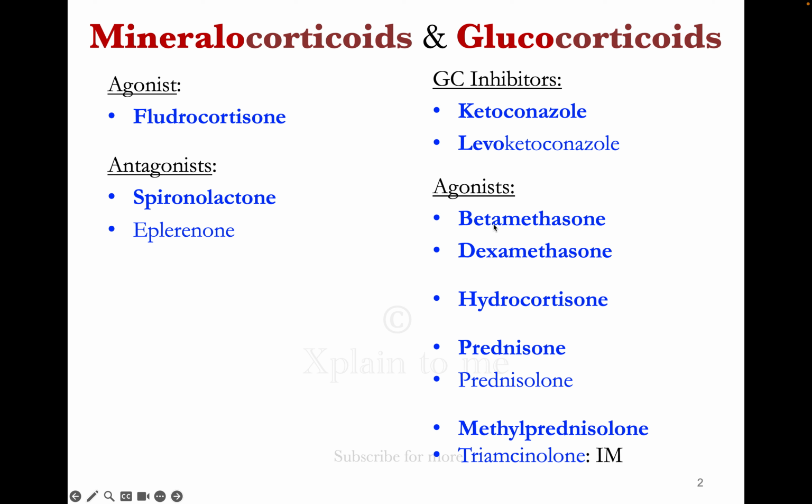Another point: these two drugs can pass the placental barrier. That is the reason they are effective in patients in preterm labor, to help their baby's lung maturation.